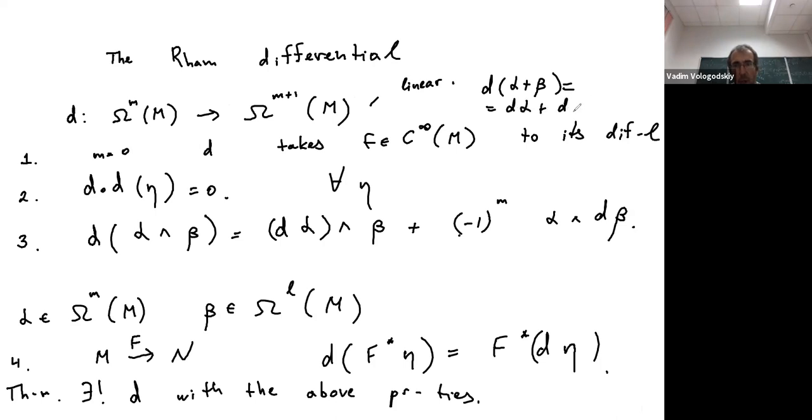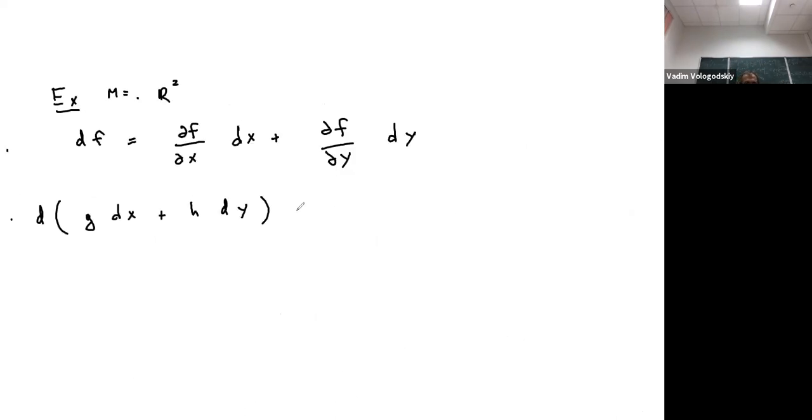That's kind of property 0. So now this is d of g dx plus d of h dy. What's written here is a product of 2 forms, so I can apply the Leibniz formula.